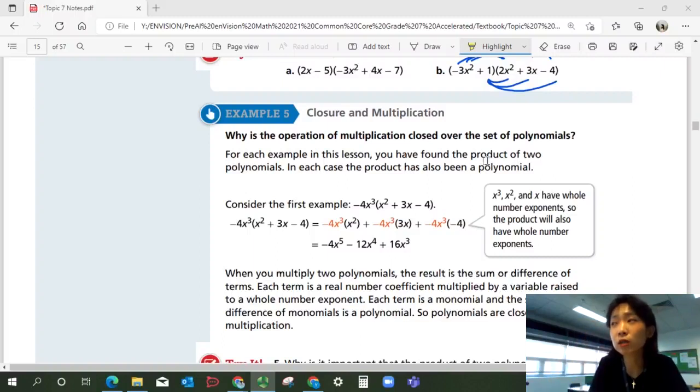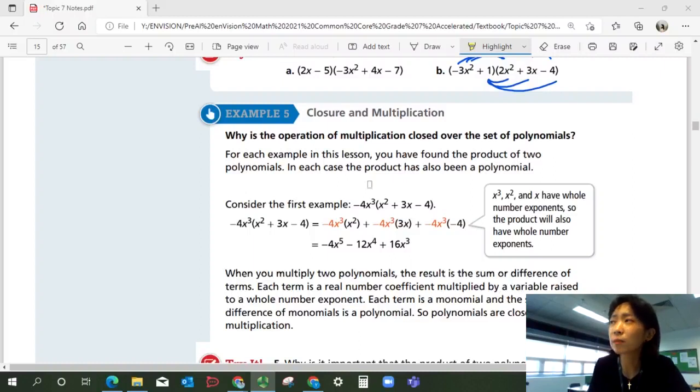So if the polynomials are closed under multiplication, that means if you multiply polynomials together, it'll always be a polynomial. It will never be a different group of number. Does that make sense?